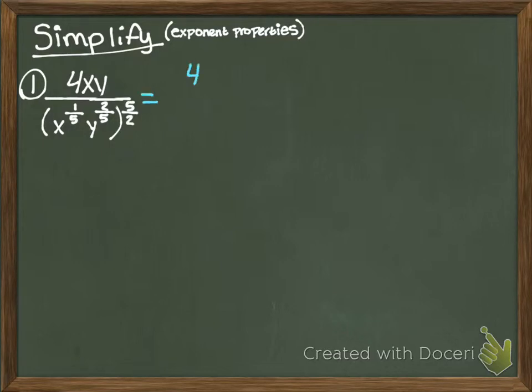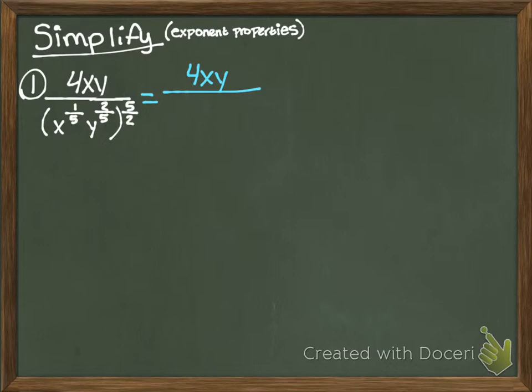So we have 4xy. And if we remember from our exponent properties that we learned in class today, when we have a variable or a number raised to an exponent, and that exponent is being raised to another exponent, we multiply our exponents together.